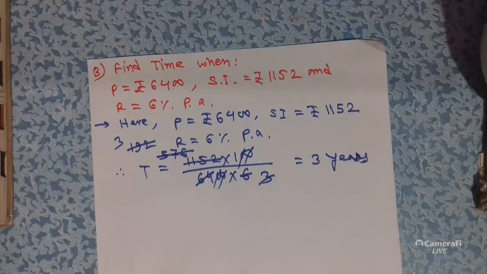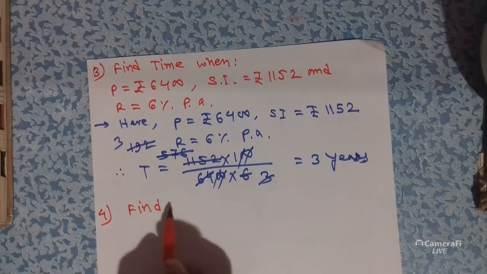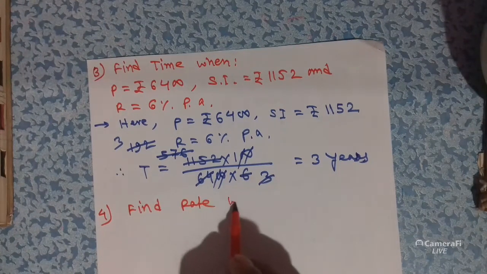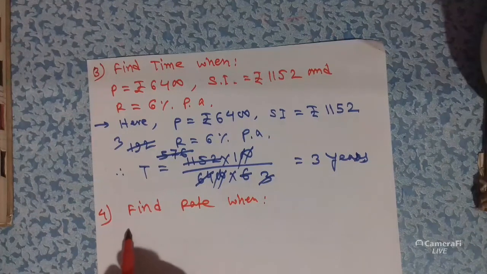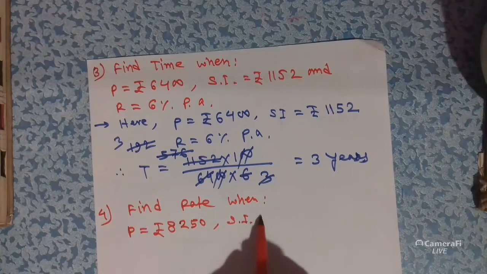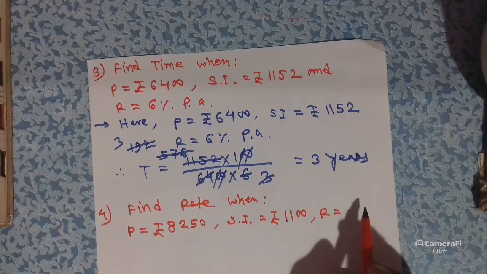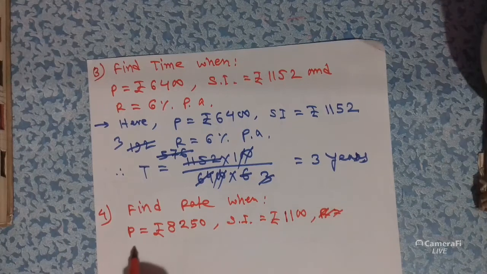Now I am going to show you how to find rate of interest. So our next problem is: find the rate when principal is rupees 8250, simple interest is rupees 1100, and time is 2 years.